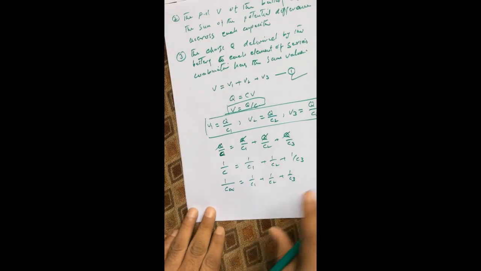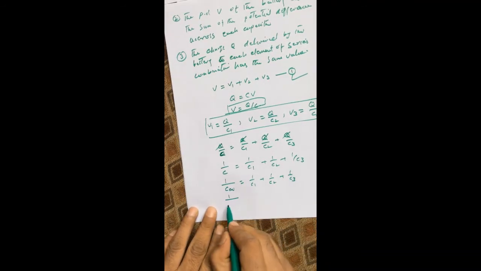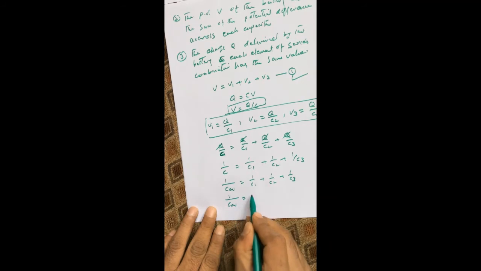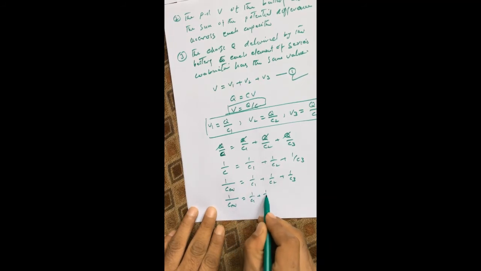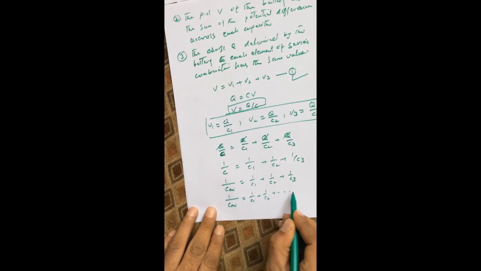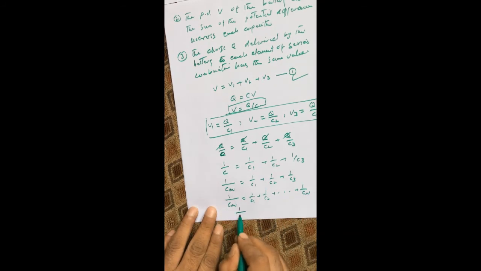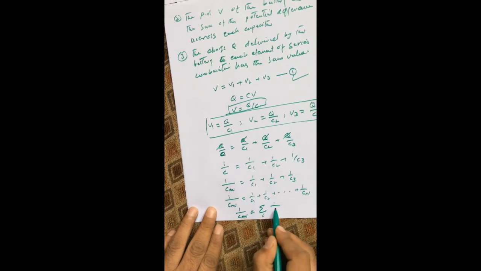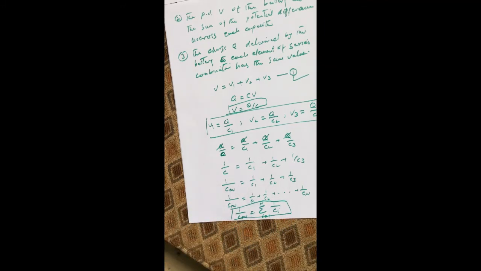If we have n capacitors connected in series, then 1 over C equivalent equals 1 over C1 plus 1 over C2 plus up to 1 over Cn, which is the sum over i of 1 over Ci, where i goes from 1 up to n. This is the equivalent capacitance of n capacitors connected in series.